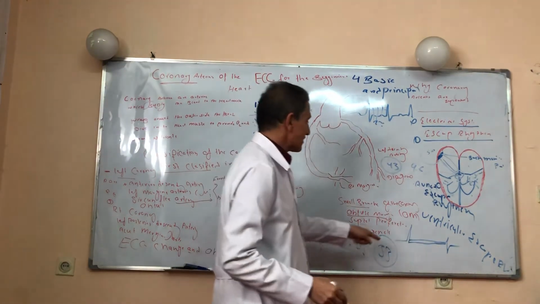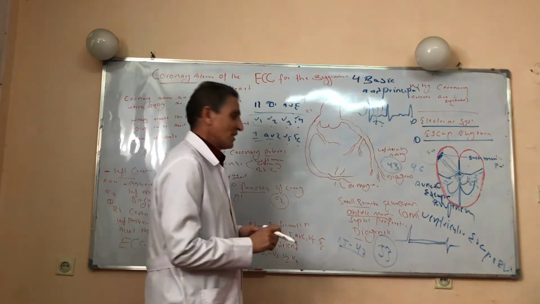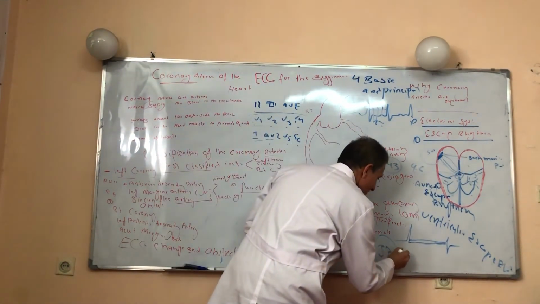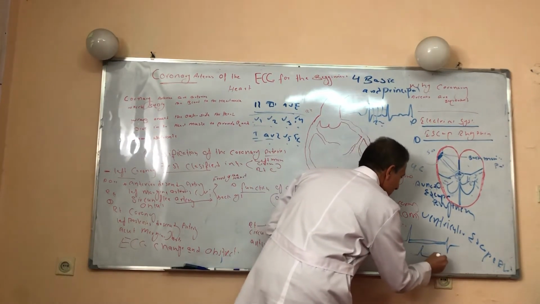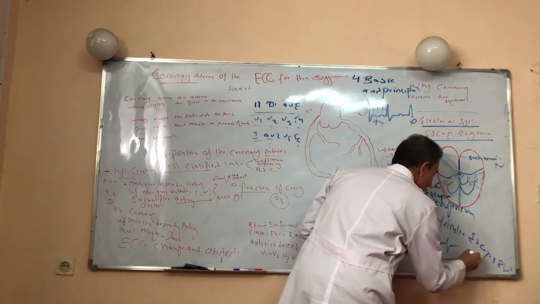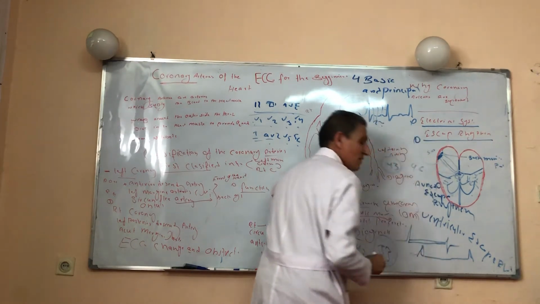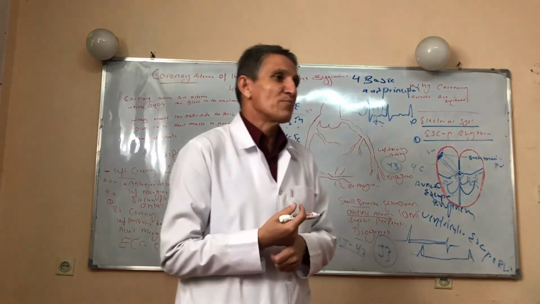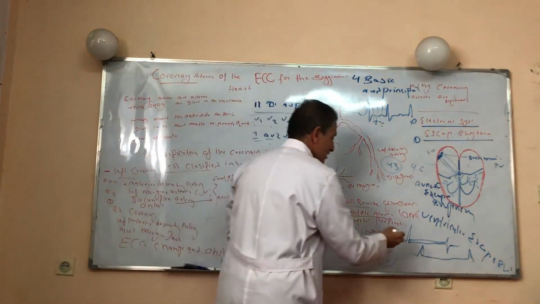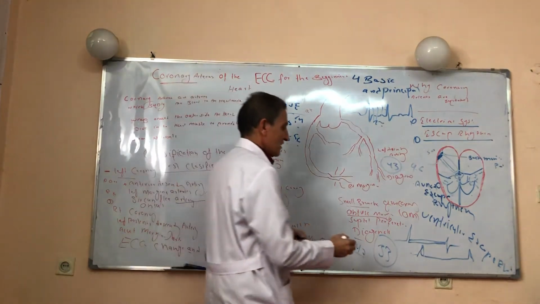How should we distinguish this from the AV nodal rhythm? Still P is not present, but the QRS complex is wide, and the firing frequency is 33 beats per minute.